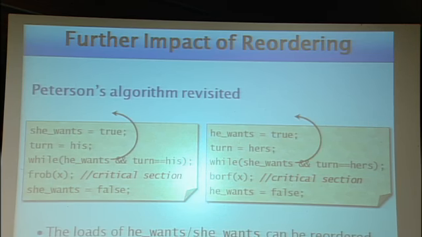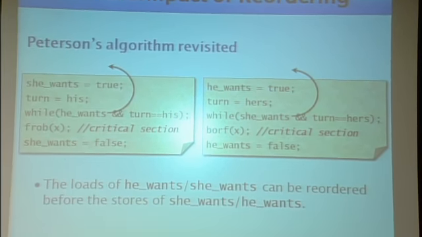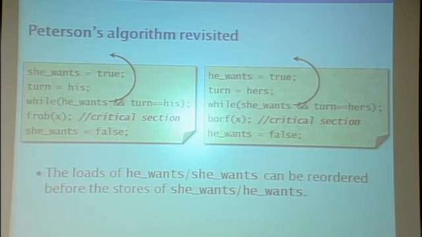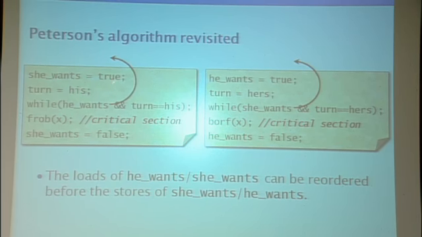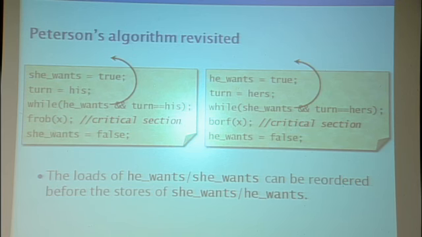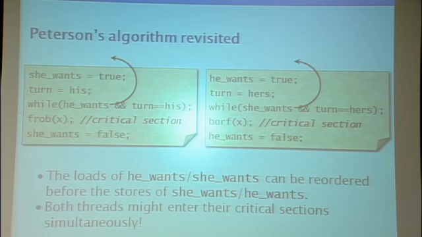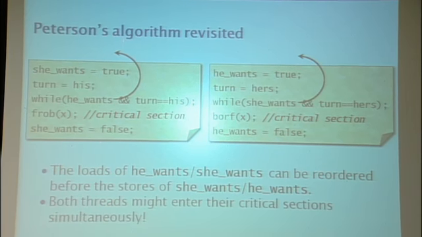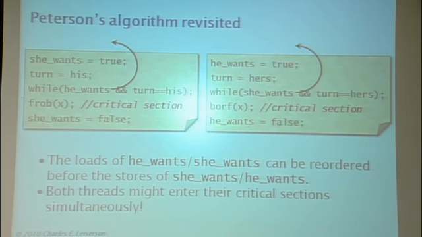So the loads could be moved all the way to the top, and now what's going to happen is you set that she wants is true, but get a value of he wants that might be old. They won't see each other's values, and so both threads can enter the critical section simultaneously.